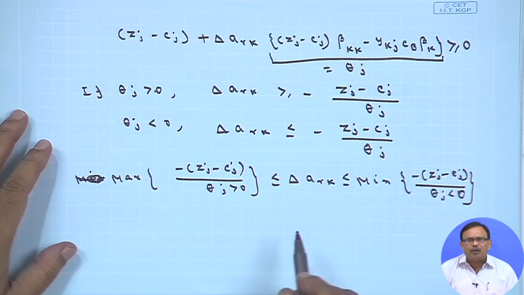So, basically what we have seen for the coefficient matrix capital A, if there is a change or variation in the coefficient matrix A, the feasibility and the optimality may change.